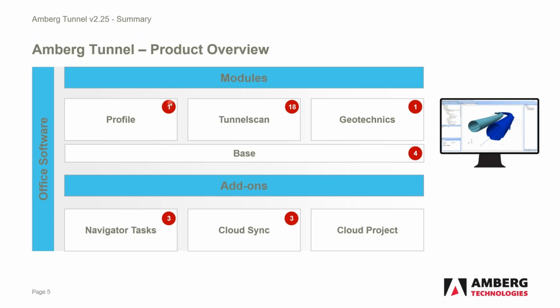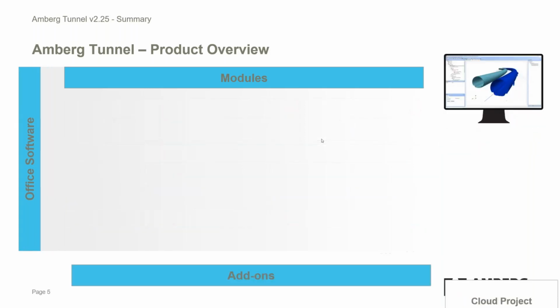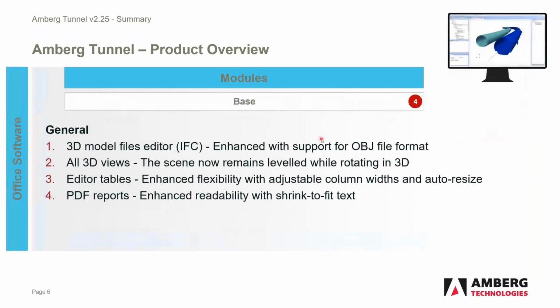The little red dots you see are the numbers of new features we have implemented in Amberg Tunnel in the various modules. And you can see for tunnel scan, we have implemented 18 of them. Quickly, what we have introduced in the base, like I said: enhancement, OBJ format, 3D view, tables, PDF reports.